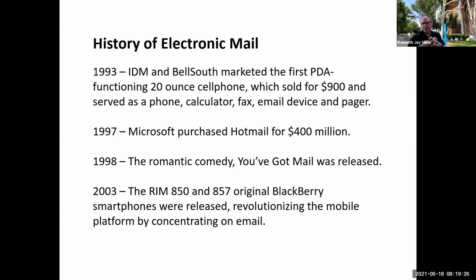Now, go to McDonald's and go in the play area, and you'll see 6-year-olds with better and newer iPhones than you and I have. Talk about a change in accessibility. Who has access to technology? Now it's everywhere. But in 2003, the BlackBerry was there.